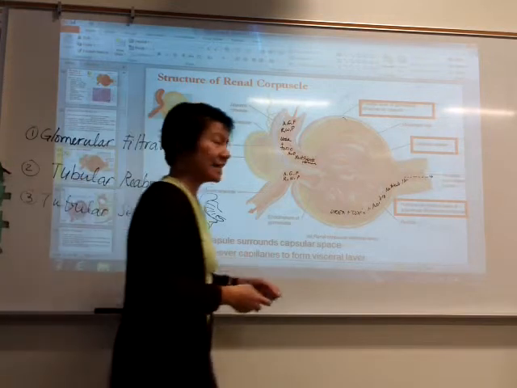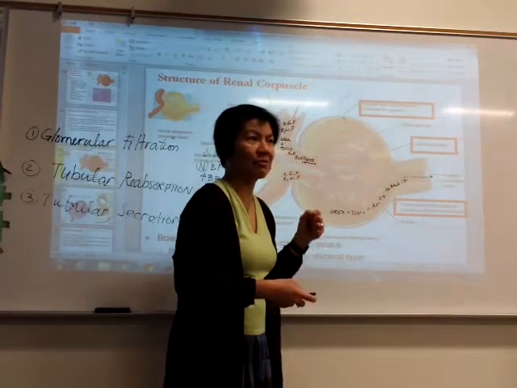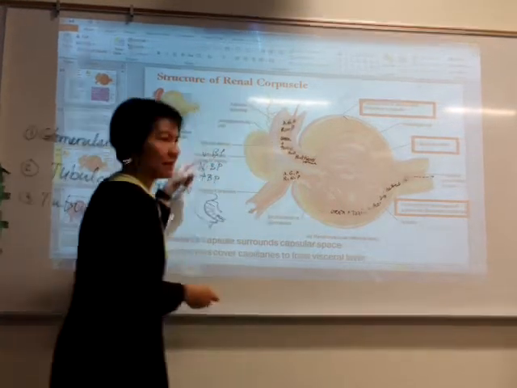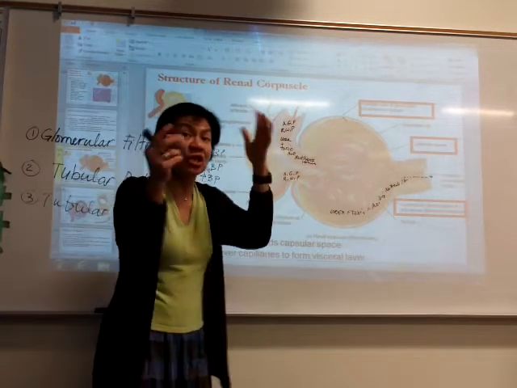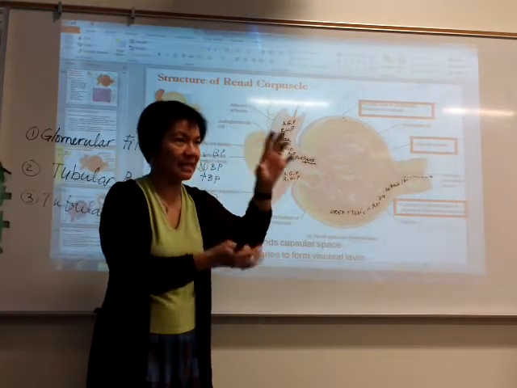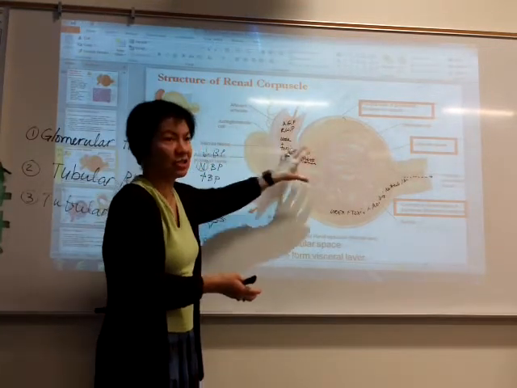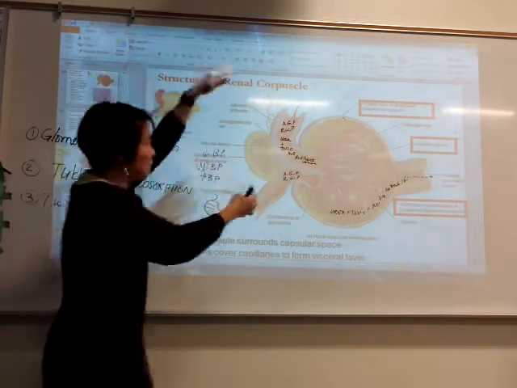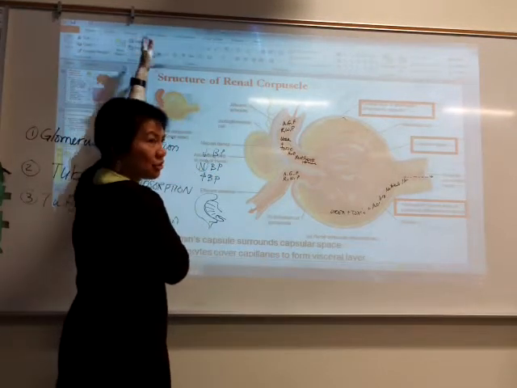But the kidneys cannot afford to be affected by varying conditions of blood pressure. As long as you have healthy kidneys and healthy cardiovascular system, it doesn't matter. It shouldn't matter whether your blood pressure is so high or so low.